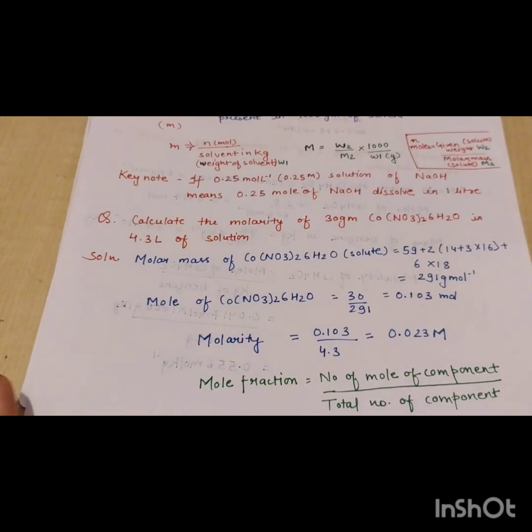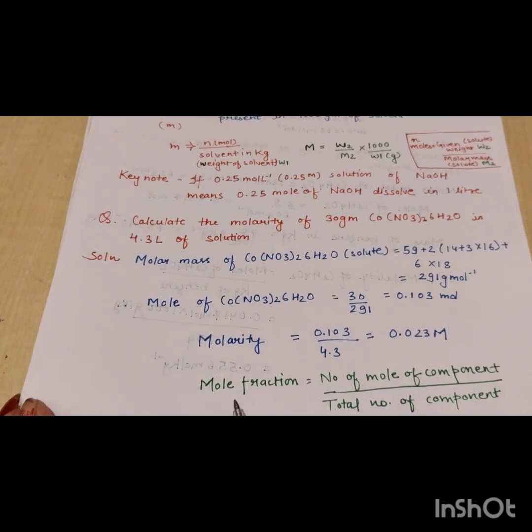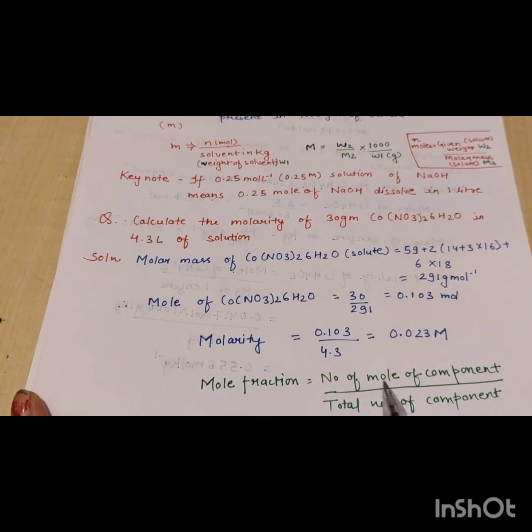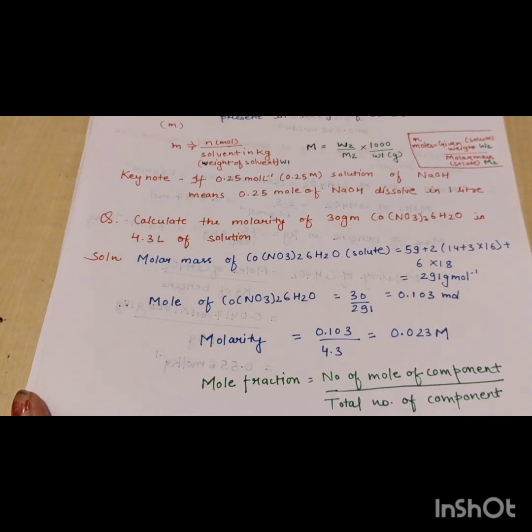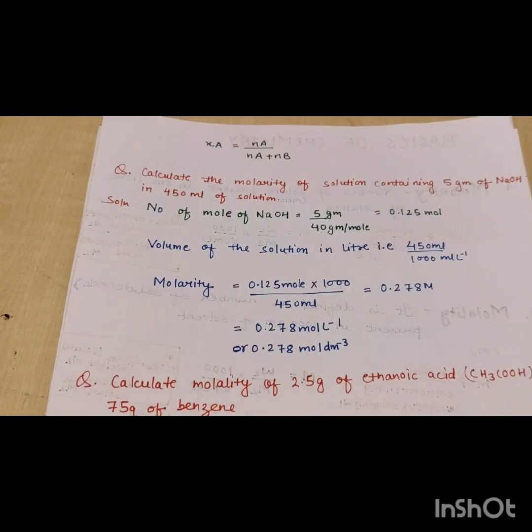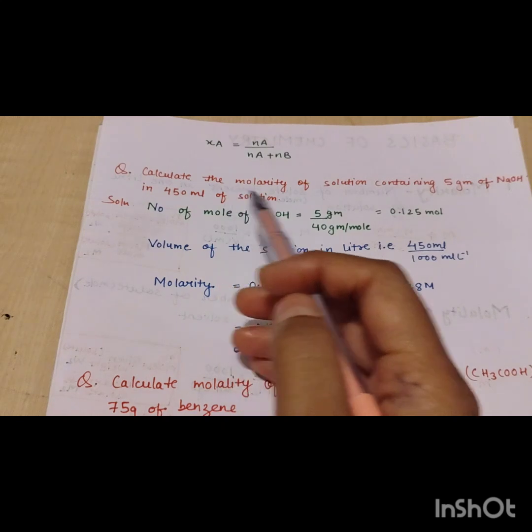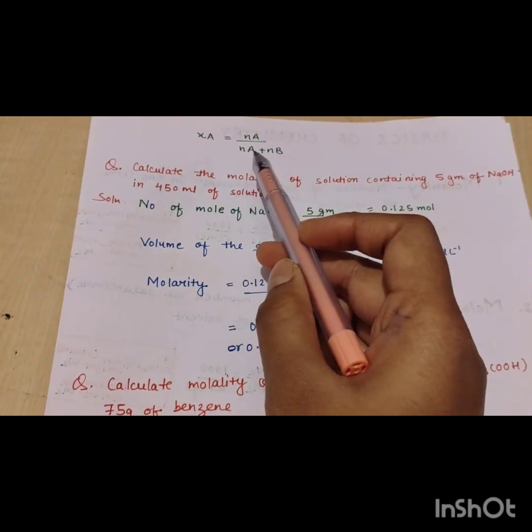Now, if we calculate separately the mole fraction of different components, here is the formula: mole fraction is equal to the number of moles of a component divided by the total number of moles of components. That is denoted by XA.